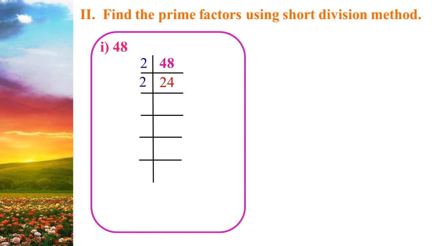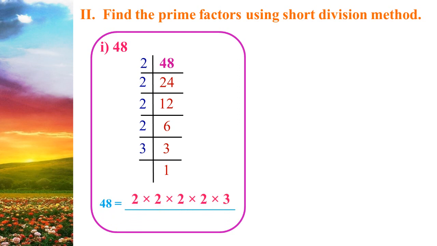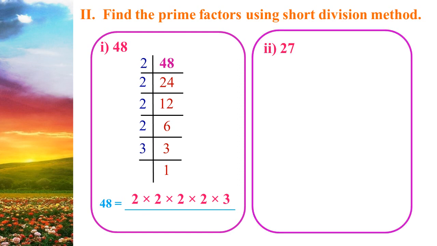On dividing by 2, 12 twos are 24. On dividing by 2, 6 twos are 12. On dividing by 2, 3 twos are 6. On dividing by 3, 1 three is 3. Prime factors of 48 is 2 into 2 into 2 into 2 into 3.